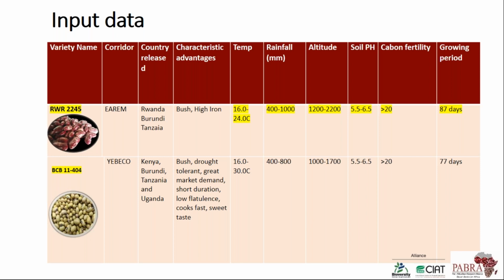It's a bush type, it is high iron, and the following are the thresholds where it performs better in terms of temperature, rainfall, altitude, soil pH, carbon fertility, and growing period. We zoomed into these 2 varieties because we know they have high demand in the region, and in other countries they are also coming up, but are not yet released. So in case these other countries release them, will this variety be suitable to those areas? Or maybe our breeders need to improve something in those varieties. Yeah. Next.